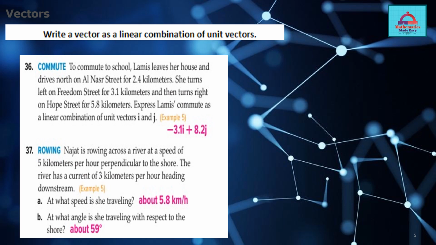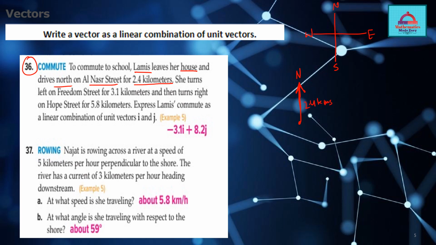Okay, so let's draw the vector diagram for question 36 and then solve it. So I hope you know this is north, this is south, this is west direction. So what is happening? Lamis is leaving her house and drives north on this street for 2.4 kilometers. So if she is starting from the origin, she is going 2.4 kilometers. I'm just roughly drawing. This arrow is pointing towards north, and she's covering 2.4 kilometers.